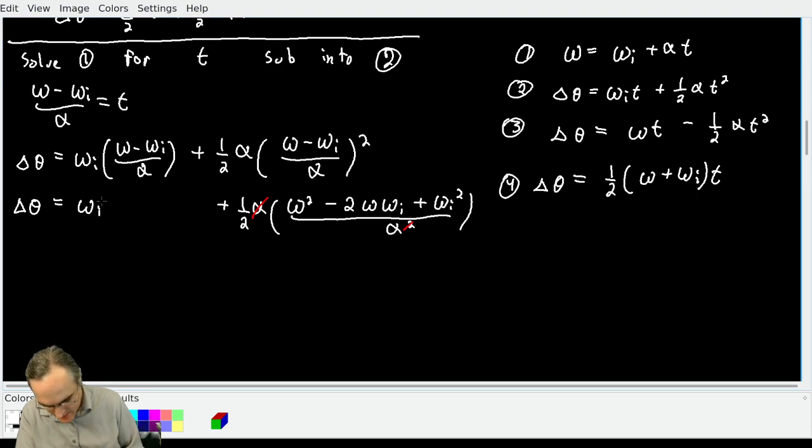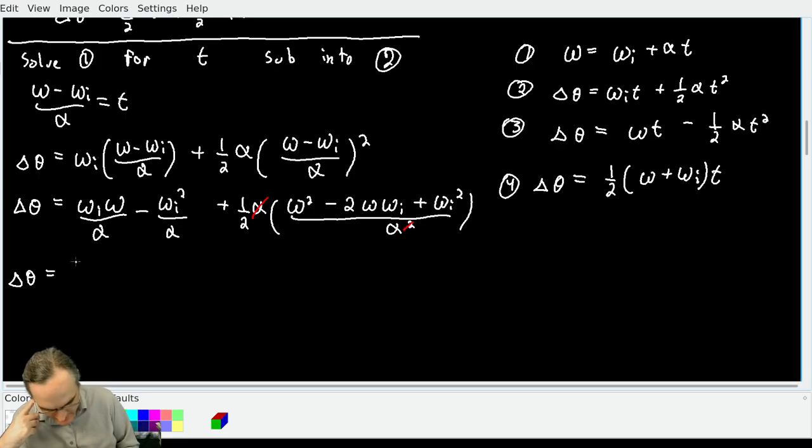So now I've got omega initial times omega final over alpha minus omega initial squared over alpha. Actually, I don't think I will be moving that back in. We're almost to the last step. This is next to last.